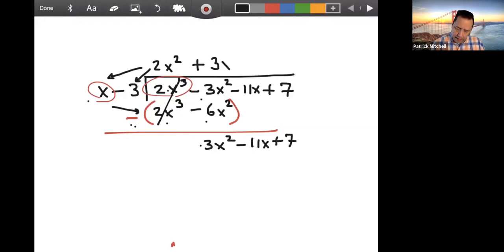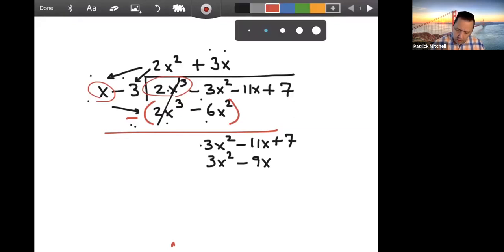So that's divide. Now I multiply. 3x times x is 3x squared. 3x times negative 3 is minus 9x. And now subtract the whole thing.